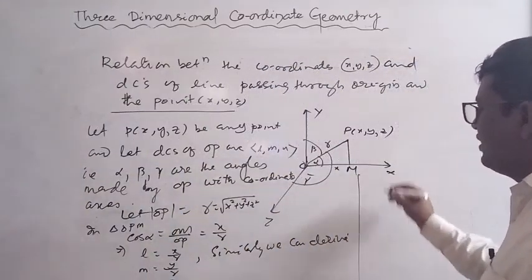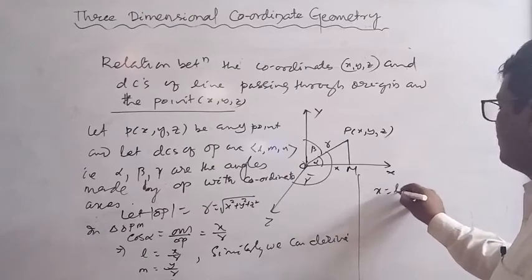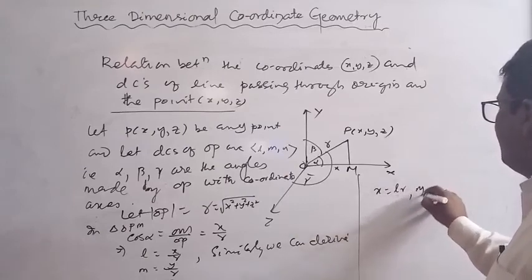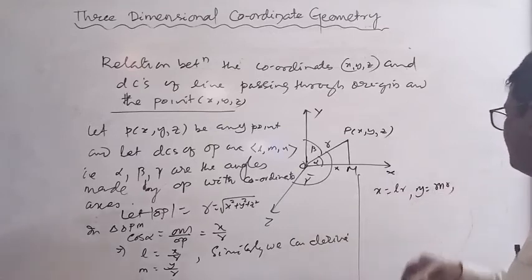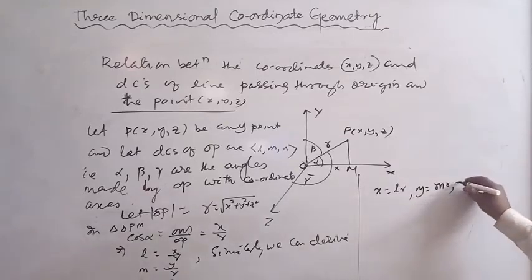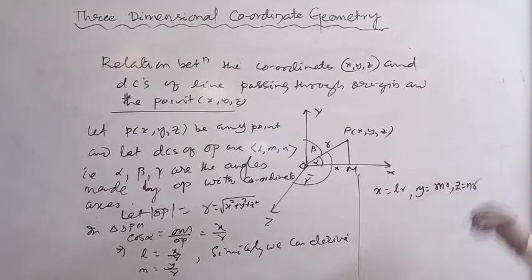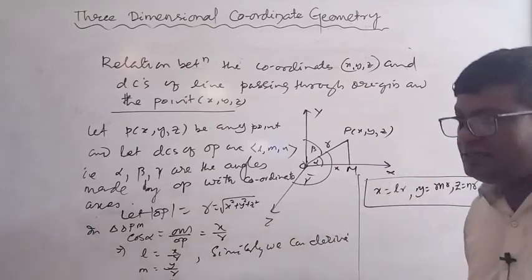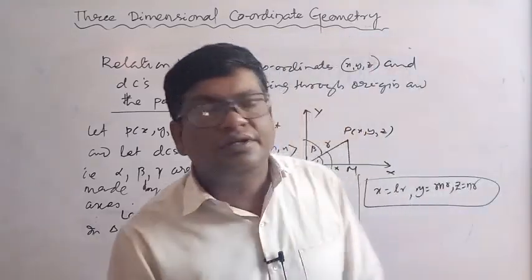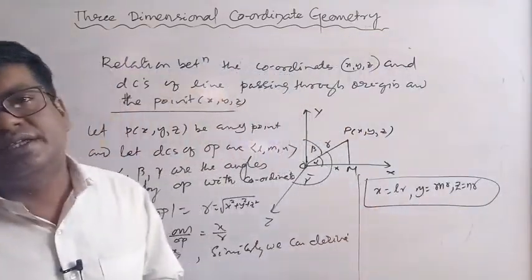Or we can get x is equal to LR, y is equal to MR, and z is equal to NR. This is the relation between the DCs and the point x, y, z.